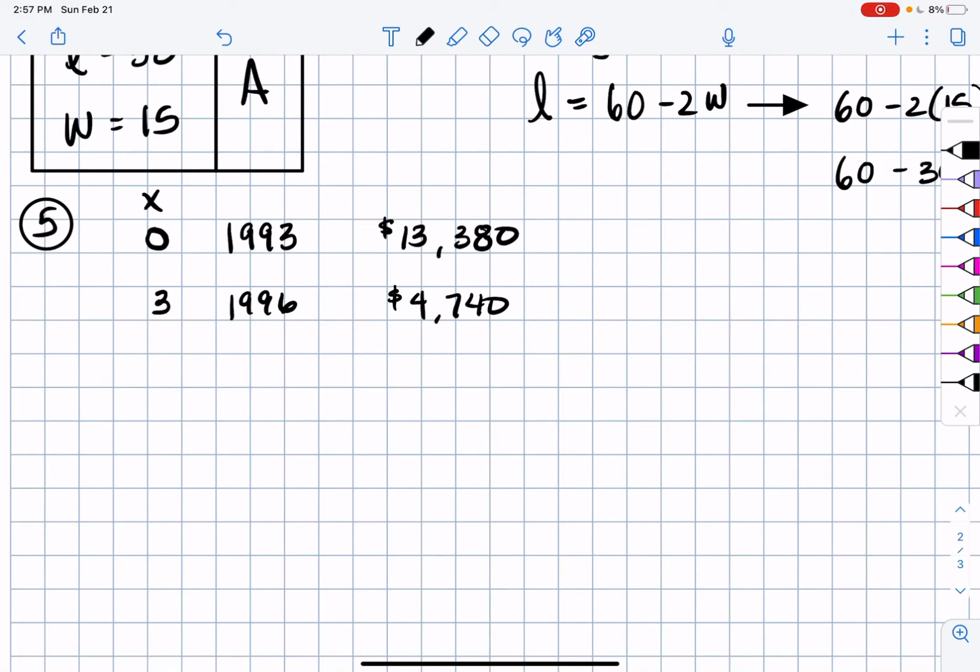All right. So write a linear equation that models the value of the automobile in terms of year X. Okay, so 0 represents that, right? So that means this is my Y value here, right? And the 1993, 1996 doesn't really represent anything besides that 1993 is 0. So 1996 must be 3 because it's 3 years from 1993. Okay? So how do I write the equation of a line? Well, I need 2 things, right?